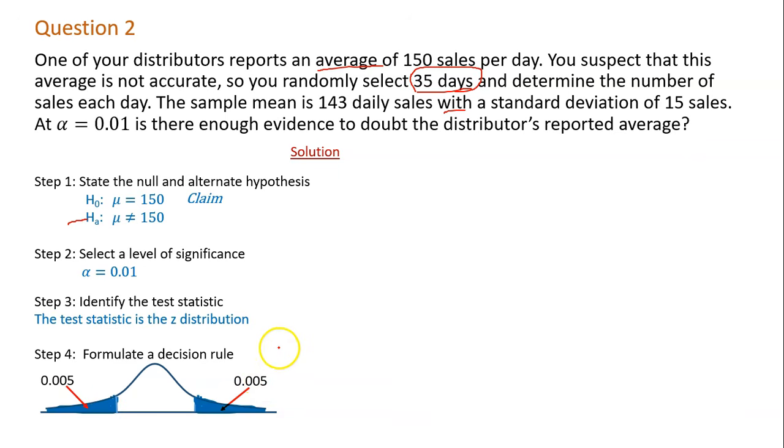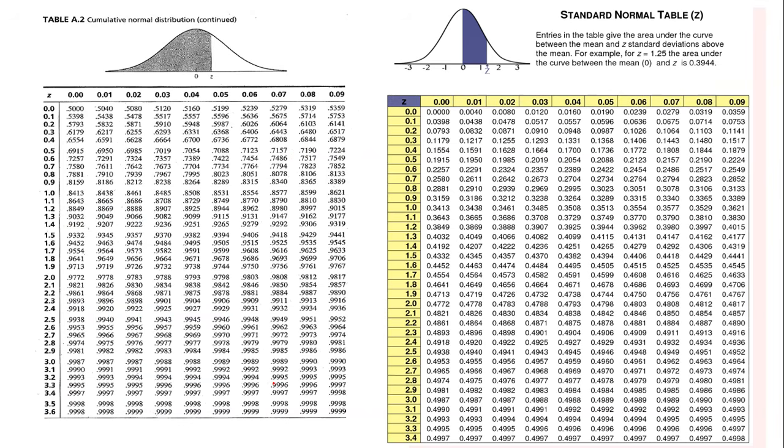So you say 1 minus 0.005, which will give us 0.9950. And for those of you using the half table, we take 0.5 minus 0.005, and that will give us 0.4950. So we go to the z table.